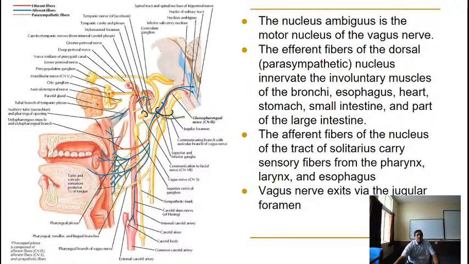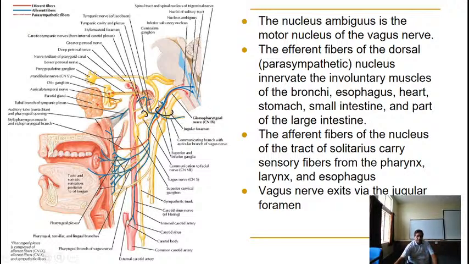The sensory component is deep in the external auditory canal. Okay, and this is about the nucleus ambiguus, the parasympathetic fibers, and the afferent sensory fibers from the pharynx, larynx, and the esophagus.